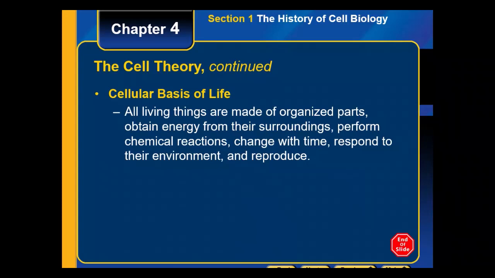Cells play a crucial role in the reproduction of organisms through processes such as mitosis and meiosis. Understanding these cellular characteristics provides insights into the commonalities and interconnectedness of all living organisms. The cell theory, with its principles and the cellular basis of life, forms the foundation of our understanding of the complexity and diversity of life on Earth.